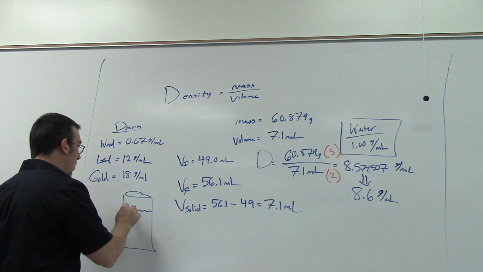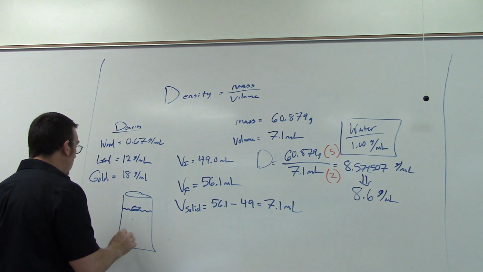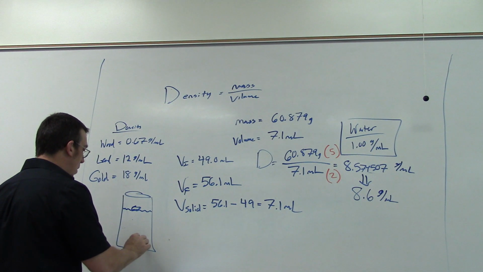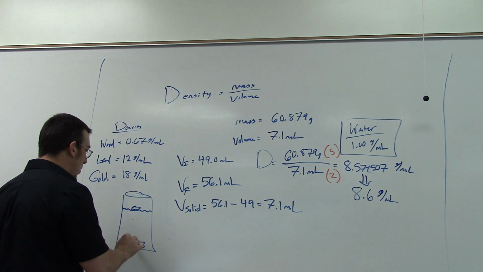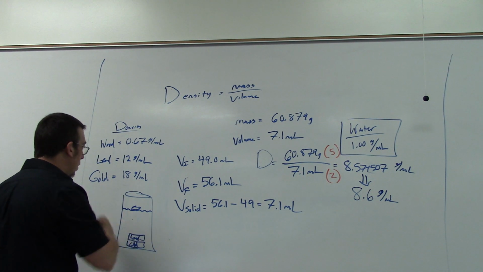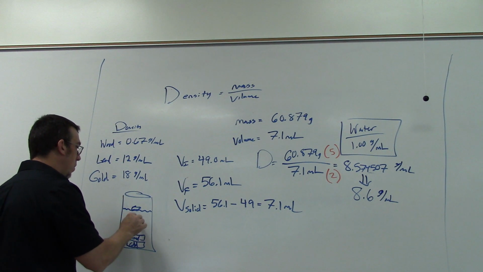Your wood is going to be floating on the top. You're going to have your gold at the very bottom. So here's a gold bar. And on top of that, you're going to have your lead because it's a little bit less dense than the gold. Then your water's sort of in the middle here.